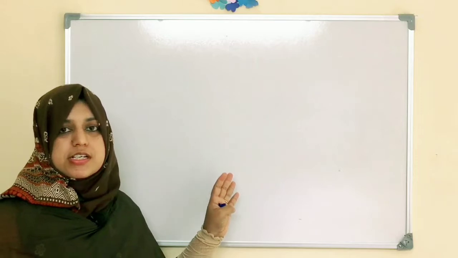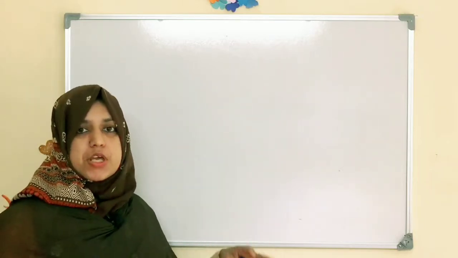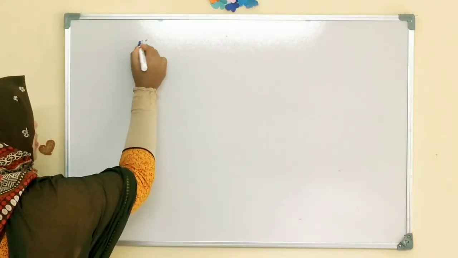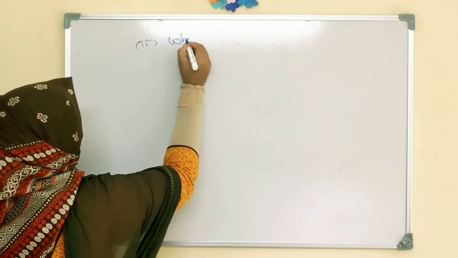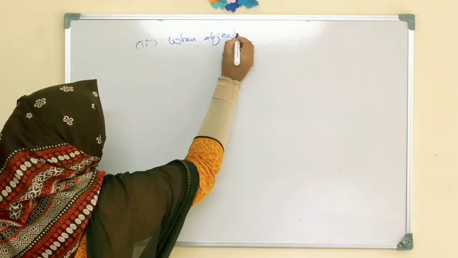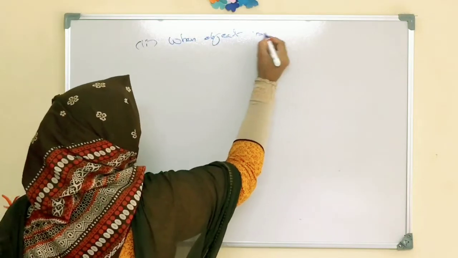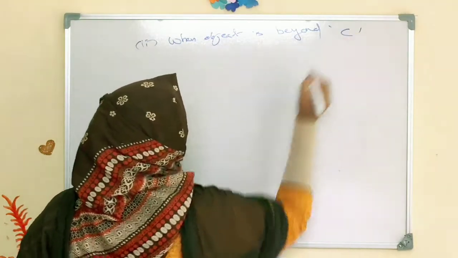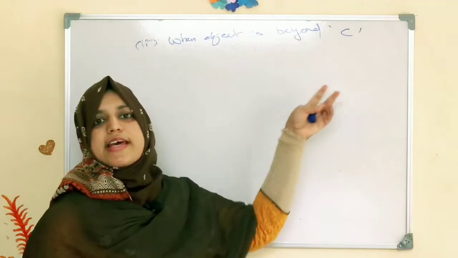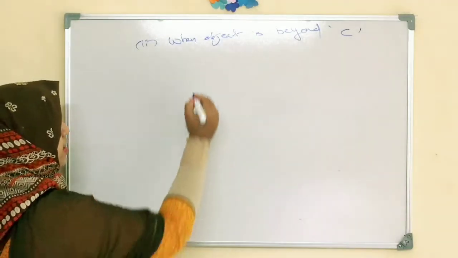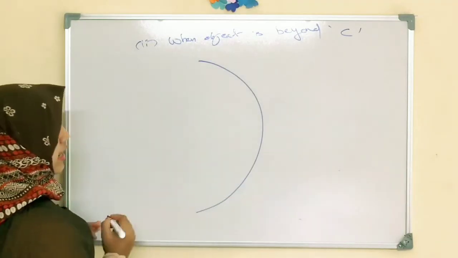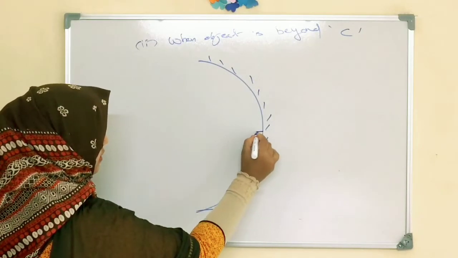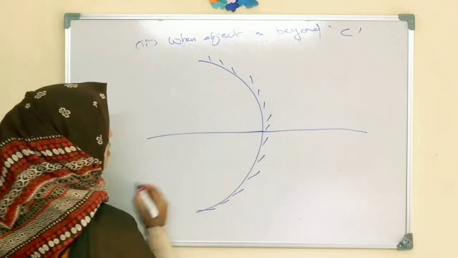Okay, the second position is when the object is beyond center of curvature of a concave mirror. Second is when the object is beyond C. C means center of curvature. Again I am drawing a concave mirror, then principal axis.